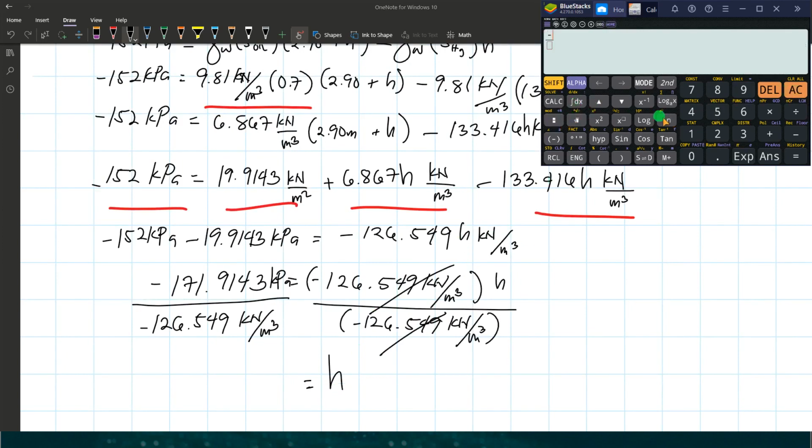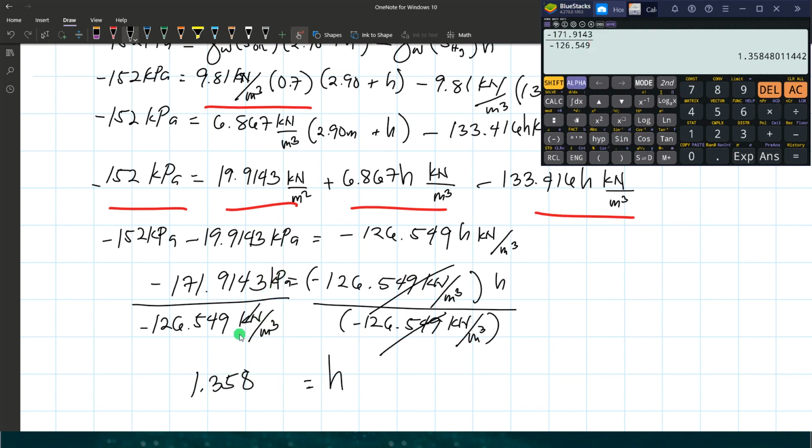So, negative 171.9143 divided by negative 126.549. The answer is 1.358. So kilopascal divided by kilonewtons per cubic meter, or kilopascal is in kilonewton per square meter.